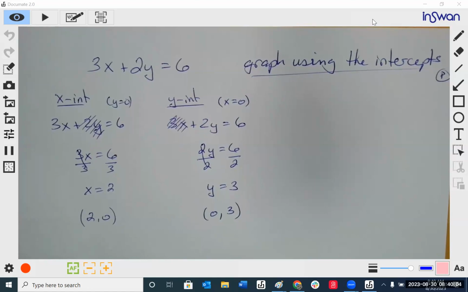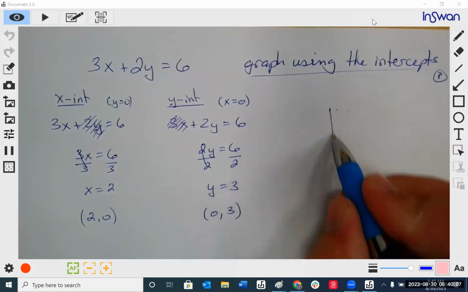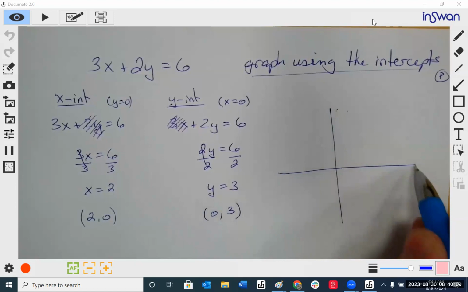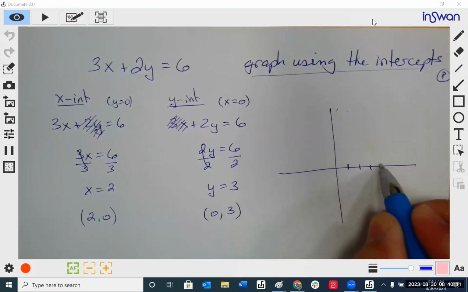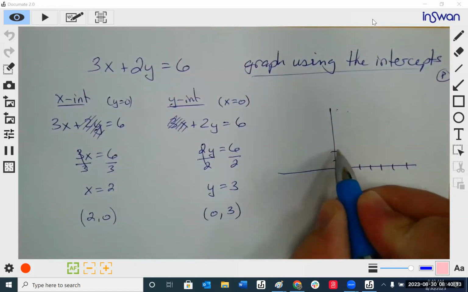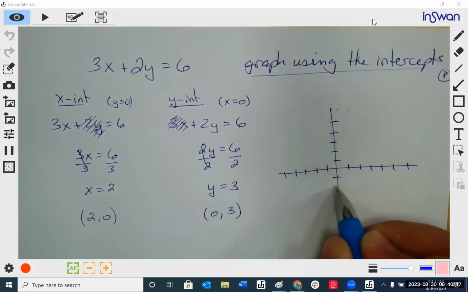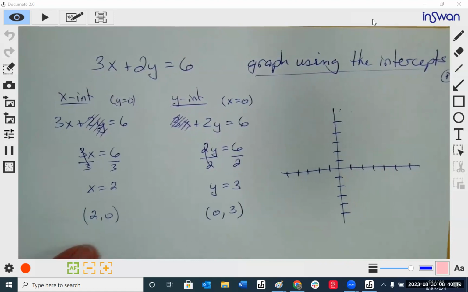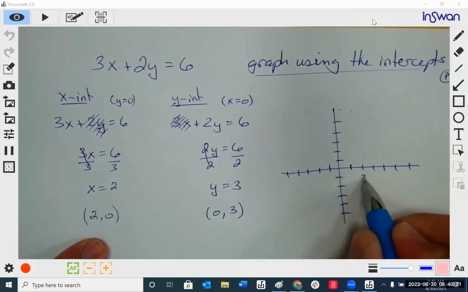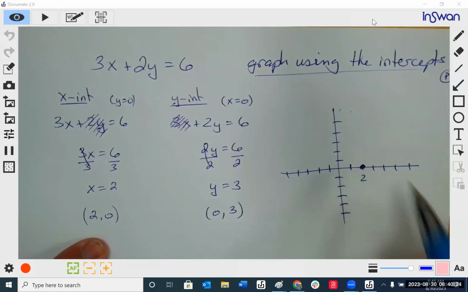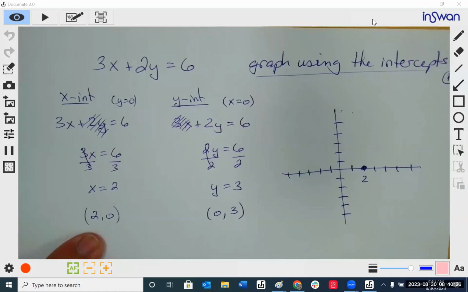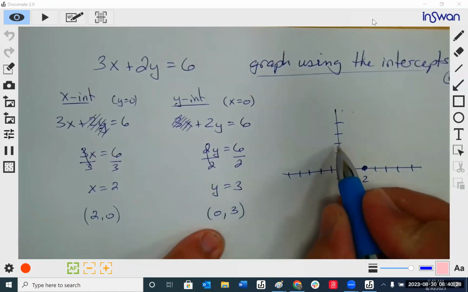That's the first step. Can we plot those? (2, 0). That's the first one. That's the x-intercept. (0, 3), up 3.